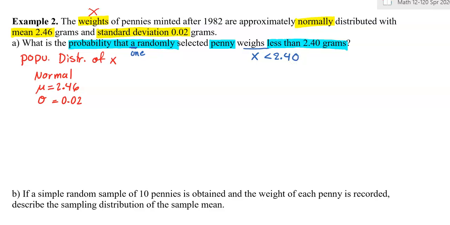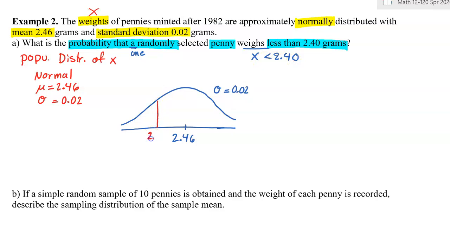This is just about the weight of just one penny. So here we only have to use this distribution for the weights. Okay. So we know that they're normal. So let's draw a normal curve. The mean is at 2.46 and the standard deviation is at 0.02. So we want an X of less than 2.4. So 2.4 is right here on the left hand side, and we're looking at less than, so that will be the area on the left hand side.